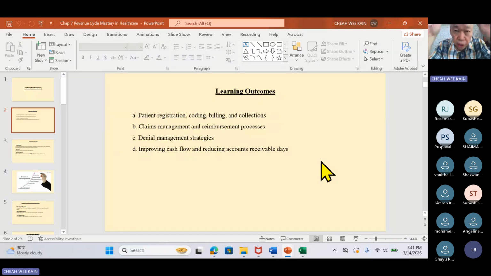The problem is those people with insurance. Now, a patient that's working in a company, and the company has medical insurance with, for example, Great Eastern or AIA or Zurich, or Mitsui Insurance or Taisho Insurance. So there are many insurance companies.